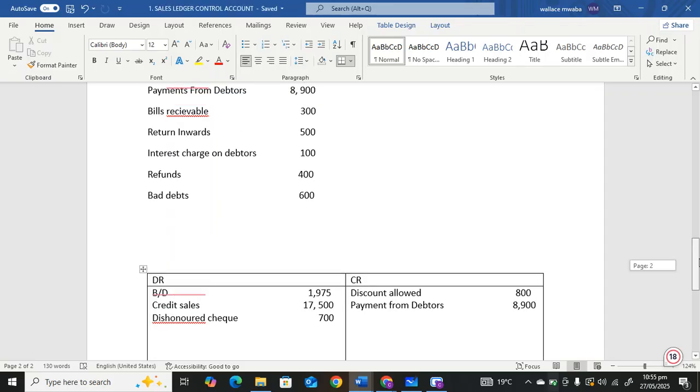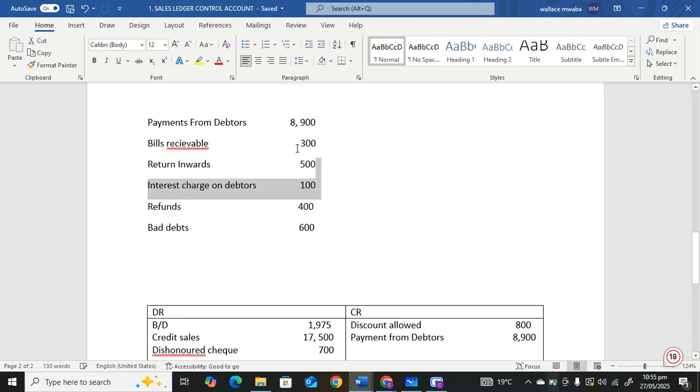Sometimes they might put cash or bank, just know that if it's cash or bank, then they've paid via cash or they've paid via bank. Yes. Any questions?